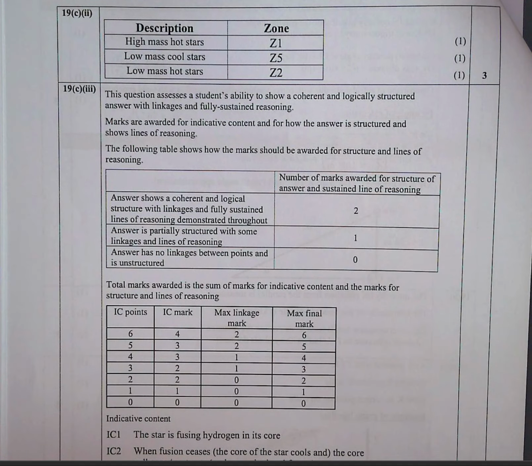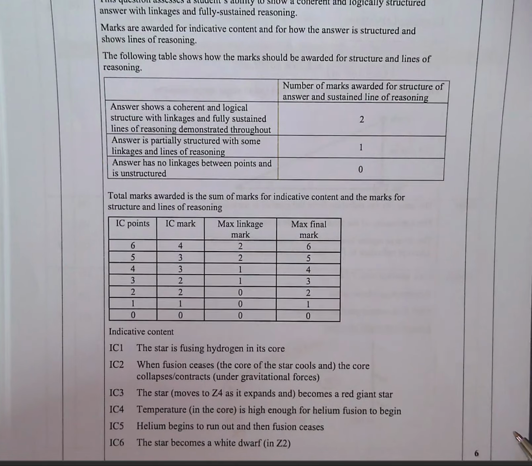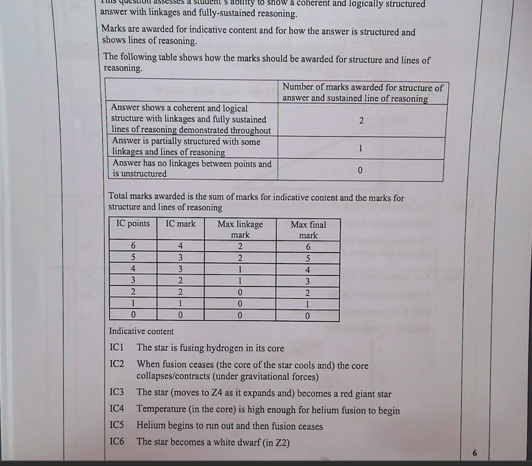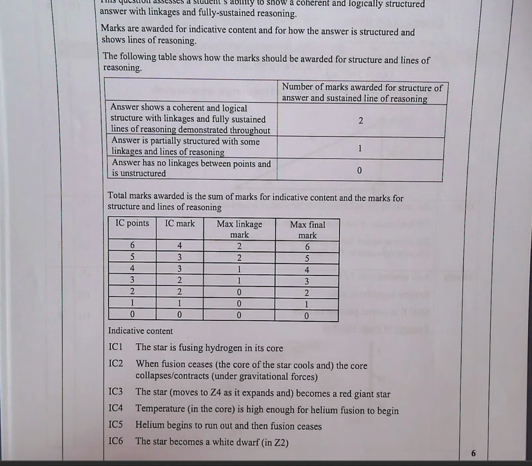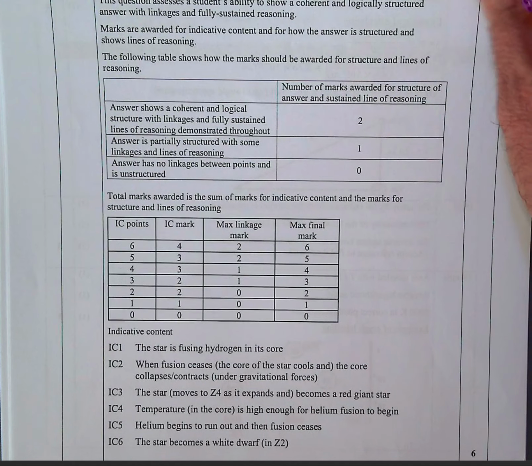So 4 points for getting the points that are listed on my answer, which I've taken from here. This is what they're looking for in terms of the content of your answer. And this will be the quality of your written answer. So I've used their mark scheme to try and explain what they're trying to say. Okay, so you can pause the video, have a look at the mark scheme and see what you think you deserve.